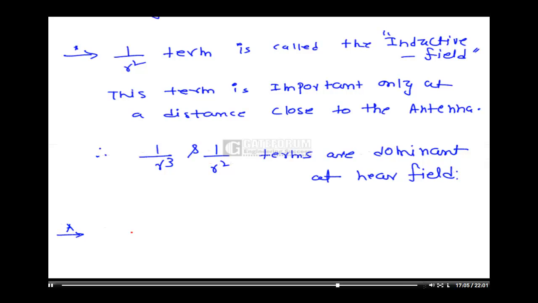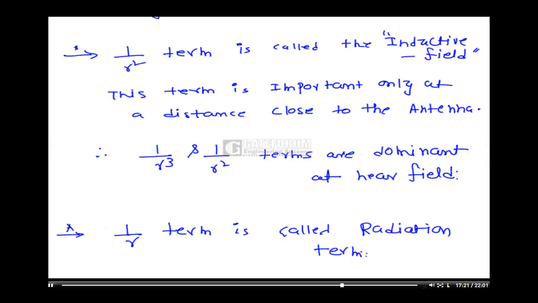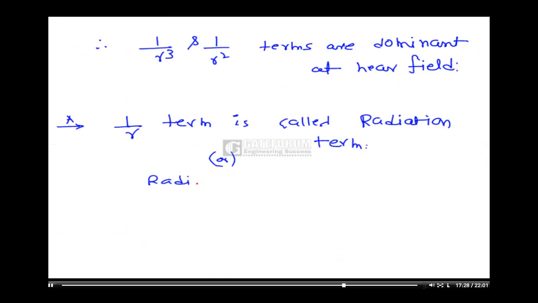The next one is the 1 by r term. This 1 by r term is called the radiation term or radiation field. This is also called the far field.